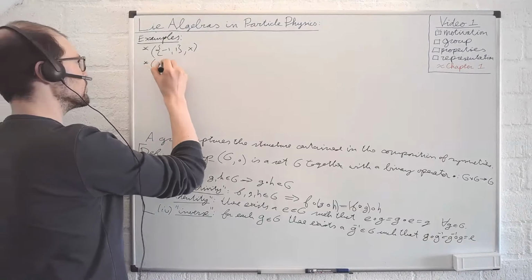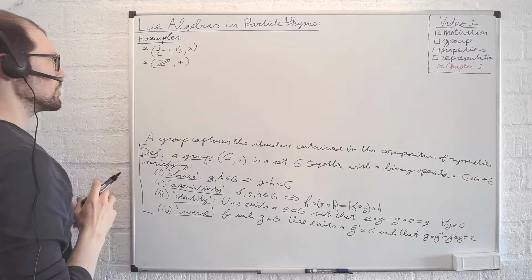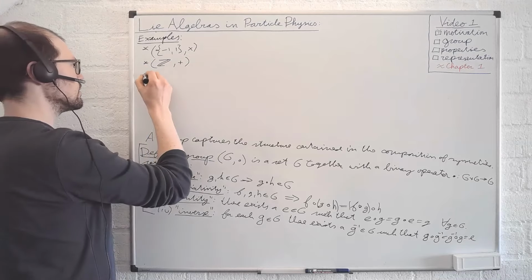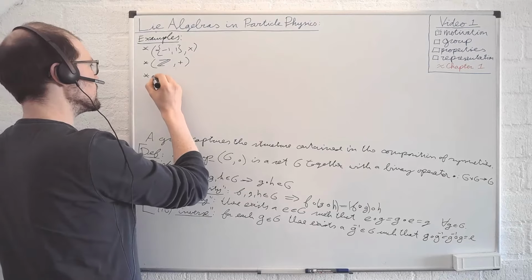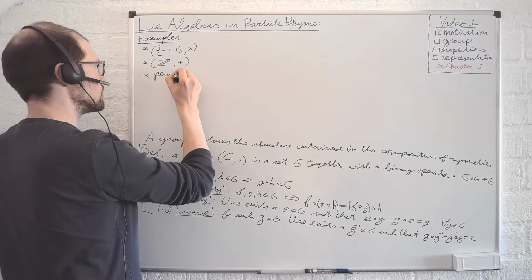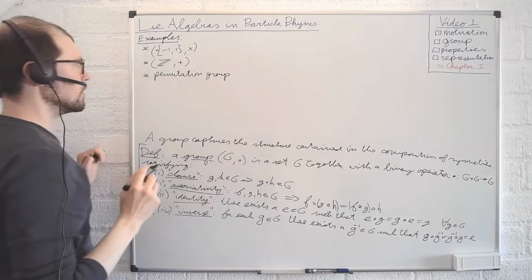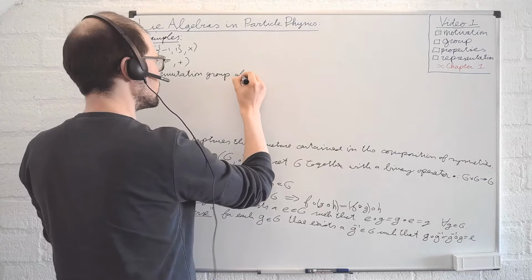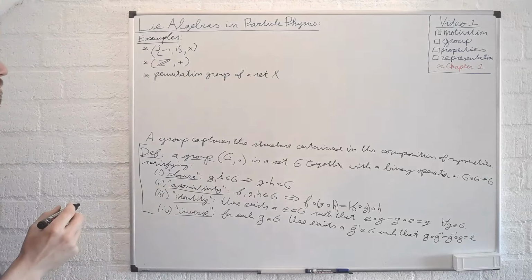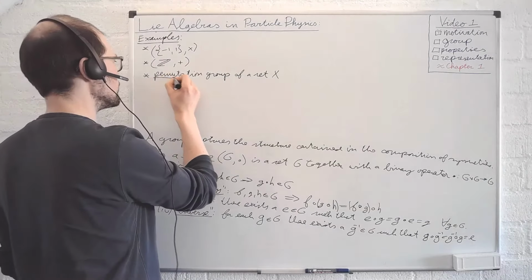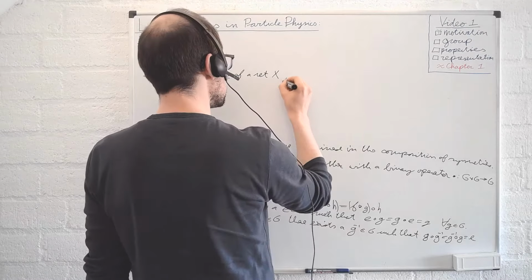The other group is the integers, where the binary operation is addition. Let's look at the permutation group of a set X. So what is the permutation group of a set X?